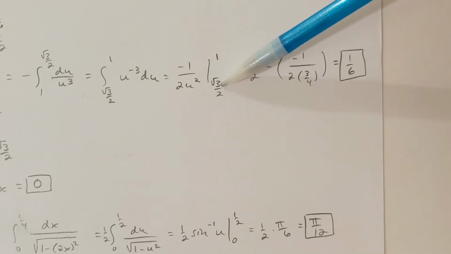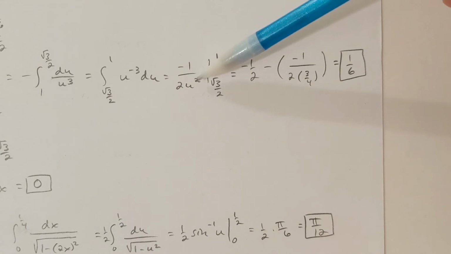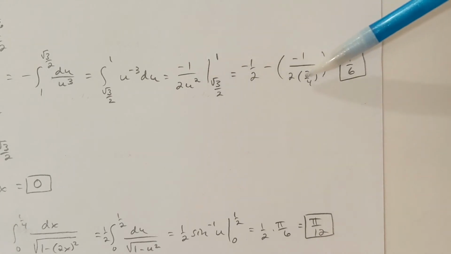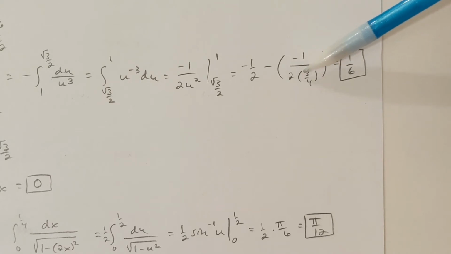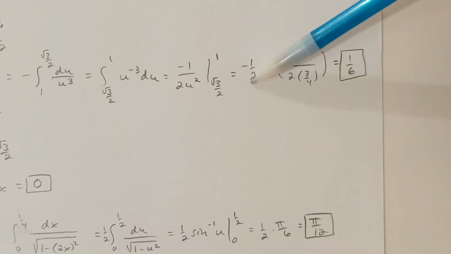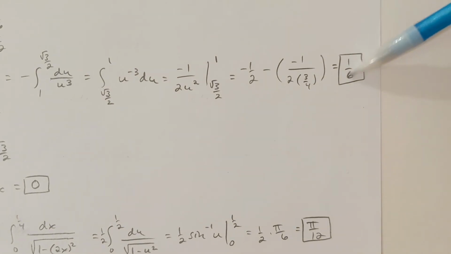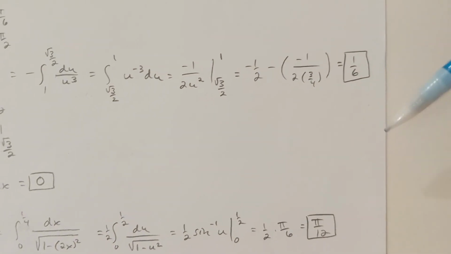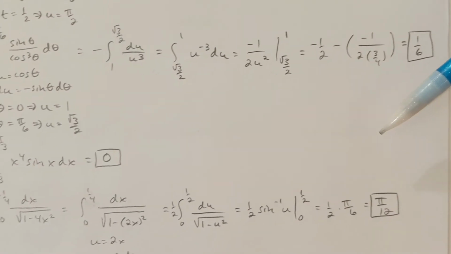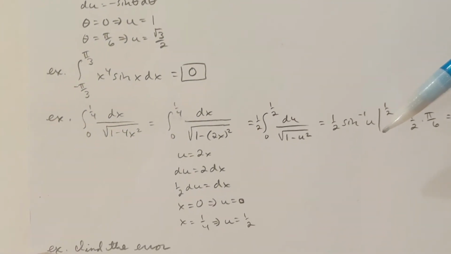Root 3 over 2 squared would be 3/4. Times 2 would be 6 over 4, or that'd be 3/2. You're going to flip that. Negative 1/2 plus 2/3 would be 1/6. So 1/6 would be my answer on that one.